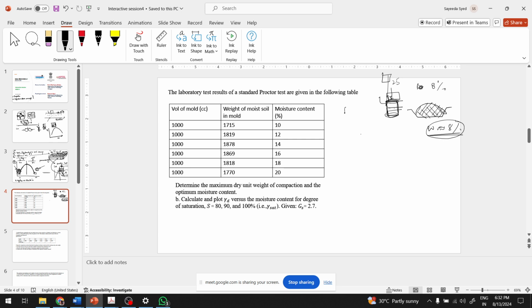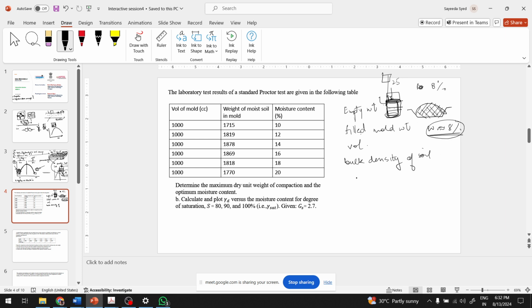We know the empty weight, and then we know the filled mold weight. We know the volume of the mold. So what we know from this data is the total bulk density of soil, isn't it?